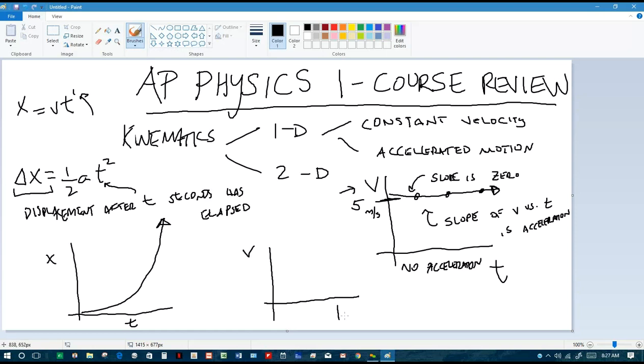So if I go back to our old graph that we looked at on the right, v versus t, if something's accelerating at a constant rate, then the speed or velocity is increasing the same amount per second. So if this was the 10 meter per second mark, and this was 1, that means it gained 10 meters per second in the first second. What its velocity is after 2 seconds of acceleration, you'd see that it's now 20 meters per second. And then if you check velocity at 3 seconds, you'd see that it's moving at 30 meters per second.